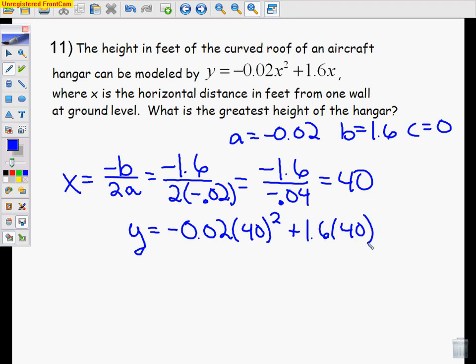So let's plug that in. Negative 0.02 times 40 squared plus 1.6 times 40 works out to be 32. And there you go. The greatest height of the hangar is going to be 32 feet.